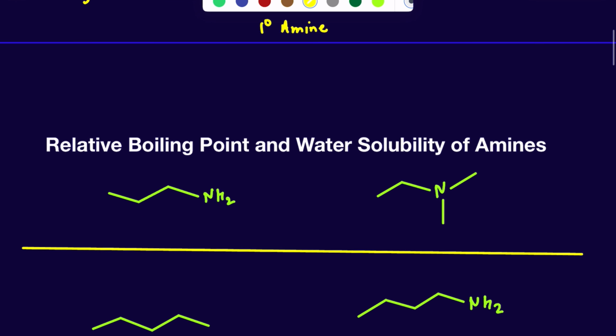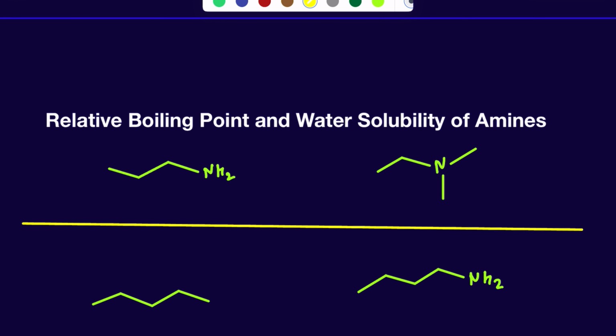So obviously, to define what the boiling points and the solubilities in water are going to be, you're going to have to look at what type of intermolecular forces these guys are making. So I'm going to say if something is going to be making a hydrogen bond, so let's say hydrogen bond, I'm going to be writing A for that, and then a dipole-dipole would be a B for that, so that I don't have to rewrite the whole thing again and again.